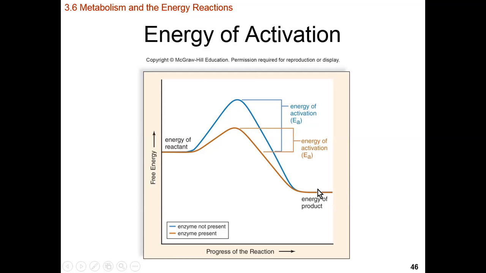The chemicals going out always end with the same amount of energy. The difference is how much we need to increase the energy for the reaction to take place. Without an enzyme, you typically need to add more energy for the reaction to happen, but with an enzyme you add less energy. You need less heat or less ATP energy for the reaction to take place.